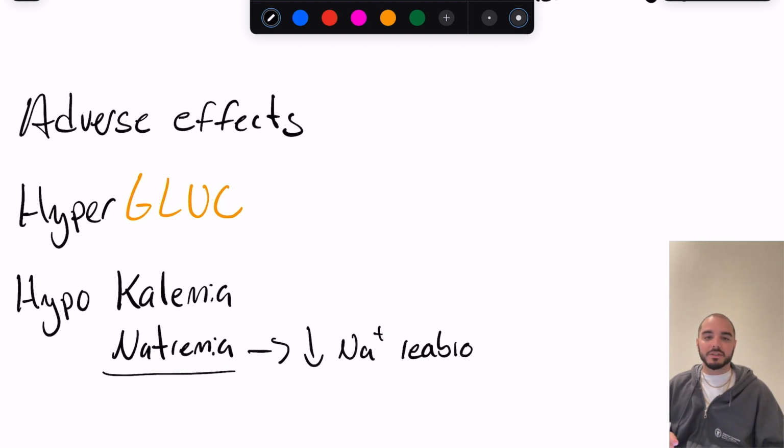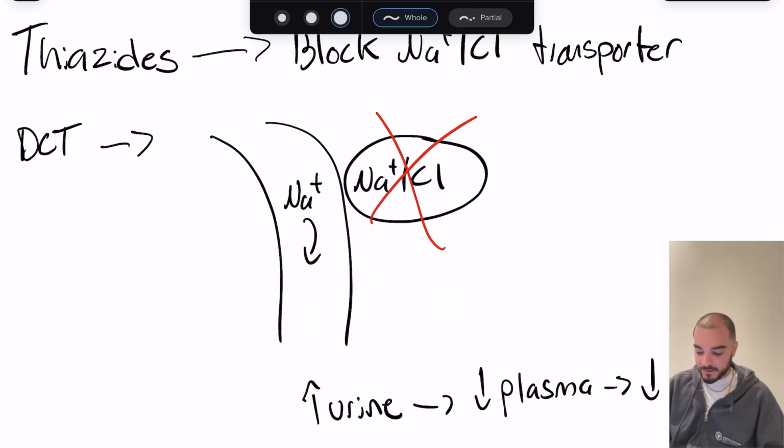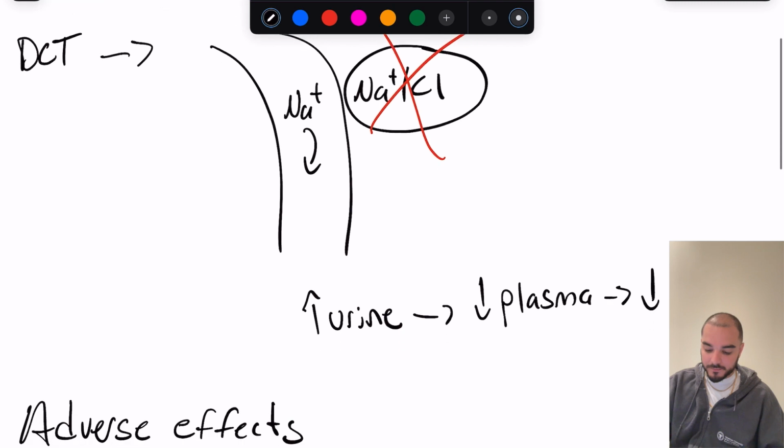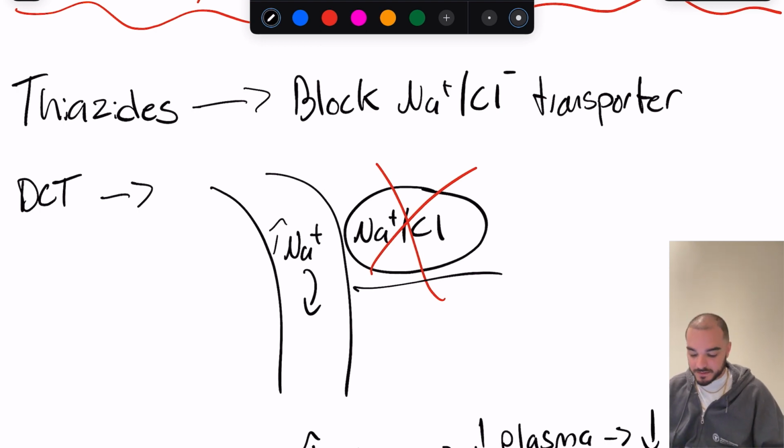The hypokalemia one is a little bit more complex. In the nephron, you blocked your sodium chloride transporter, and this led to a big increase in the amount of sodium passing through the nephron. Later on in the nephron, you have a sodium potassium transporter.